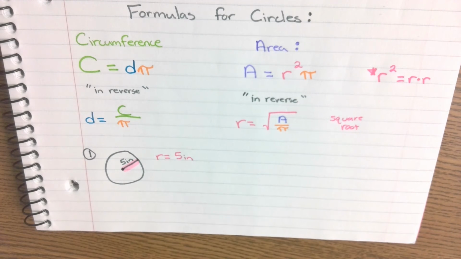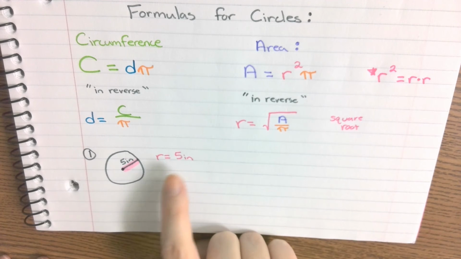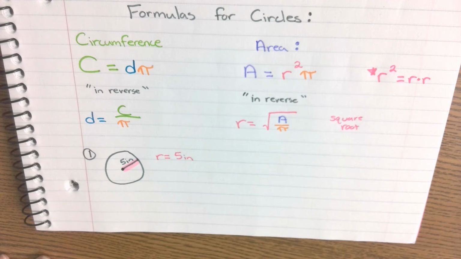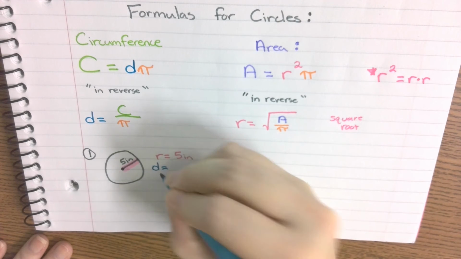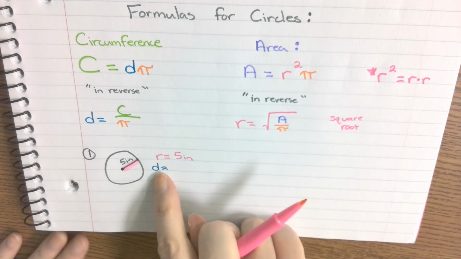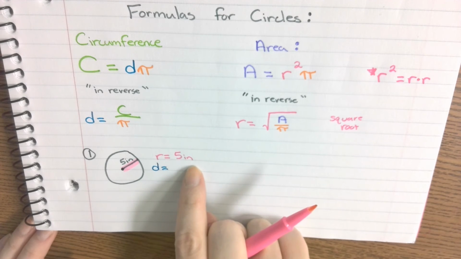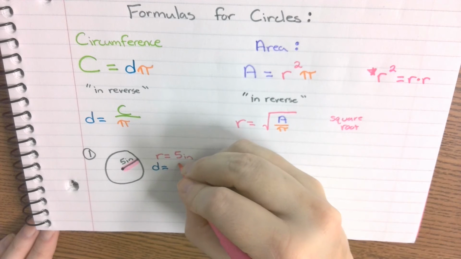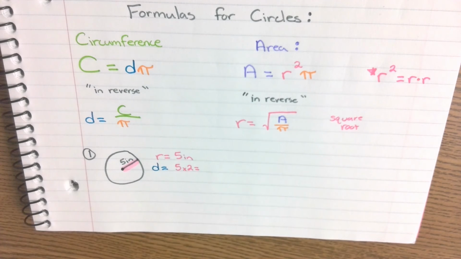So now I just start piecing things together. Because I know the radius is 5 inches, can I solve for the diameter? How do I find the diameter, guys, if I know the radius? What do I have to do? Multiply it by 2. Since I know the radius is 5 inches, all I have to do is take 5, multiply it by 2, and that's going to give me the diameter.